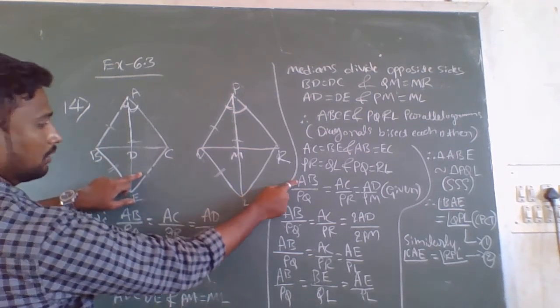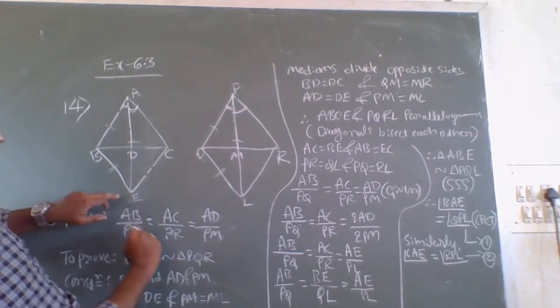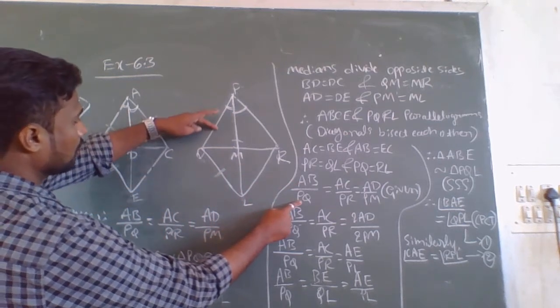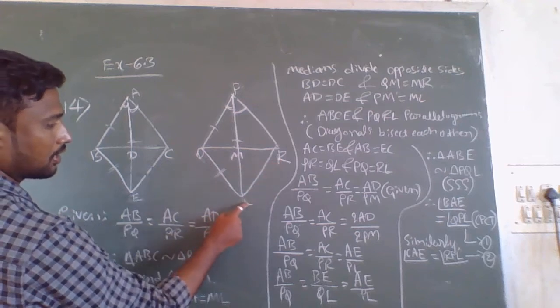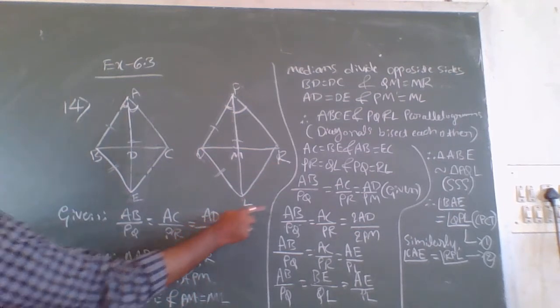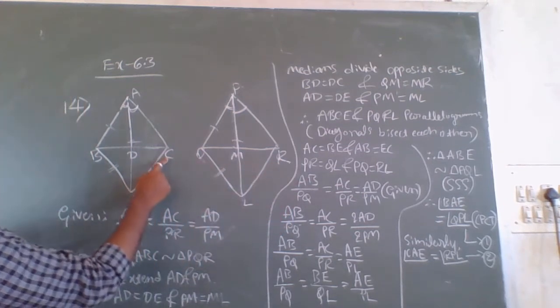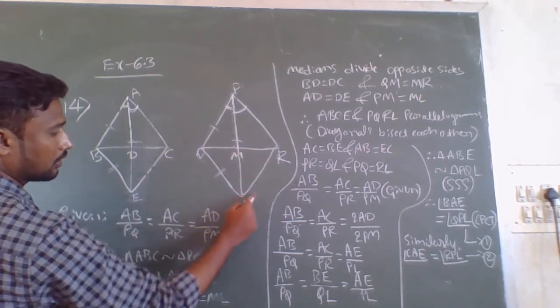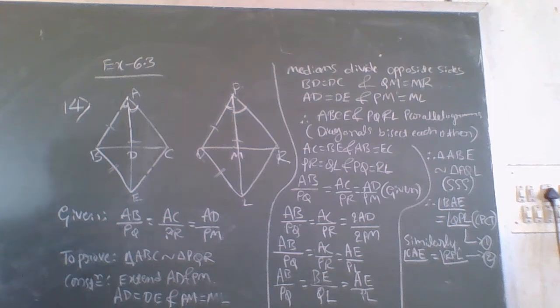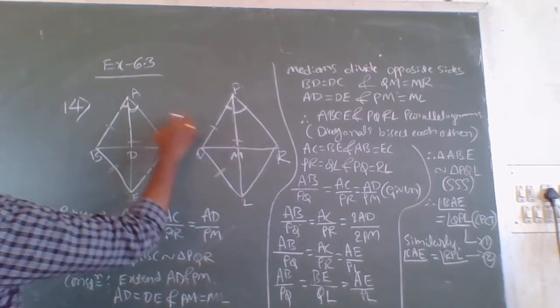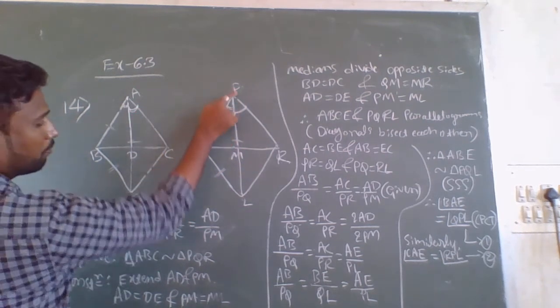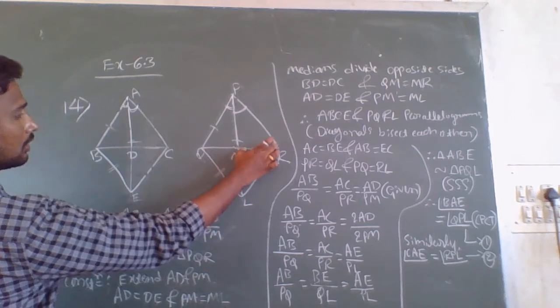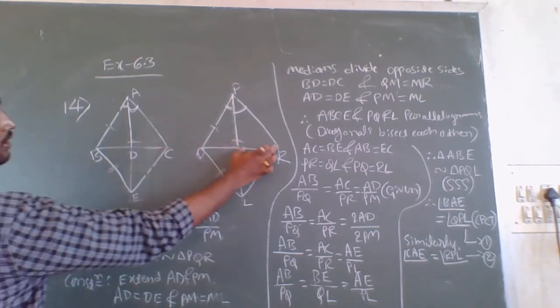Therefore, in the place of AB you can write CE, and the opposite side of PQ is RL. If in the place of AB you consider CE and in the place of PQ you consider RL, we can prove that these two triangles, AEC and PLR, are similar.